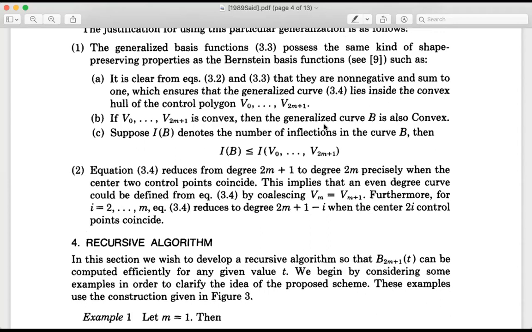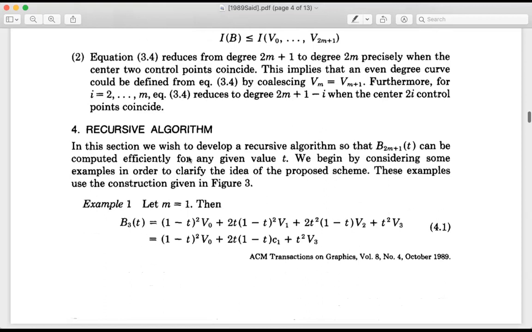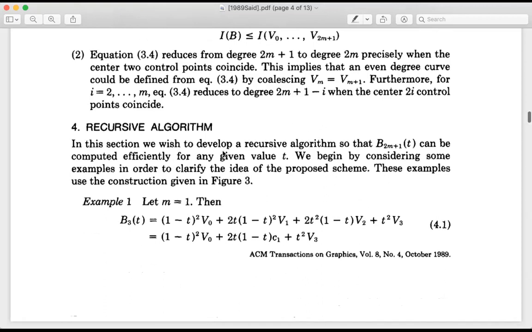For example, if you want to get 2m, you have to get m and m, you have to add the polynomials of index m and m plus 1. Okay, you can get the even degree, and then you can also get the recursive algorithm for Said-Ball.